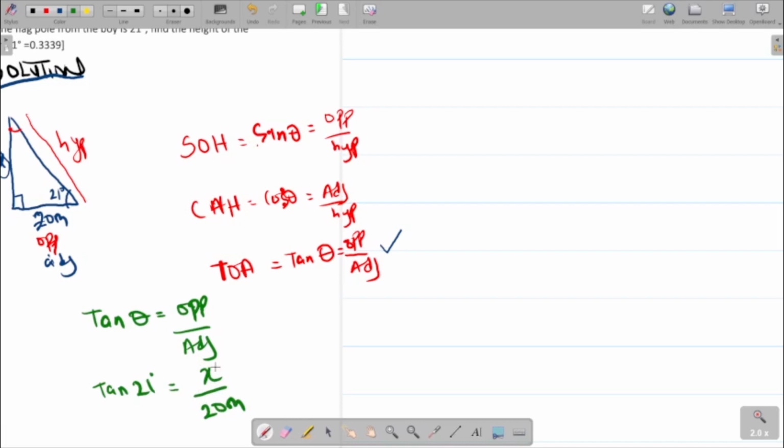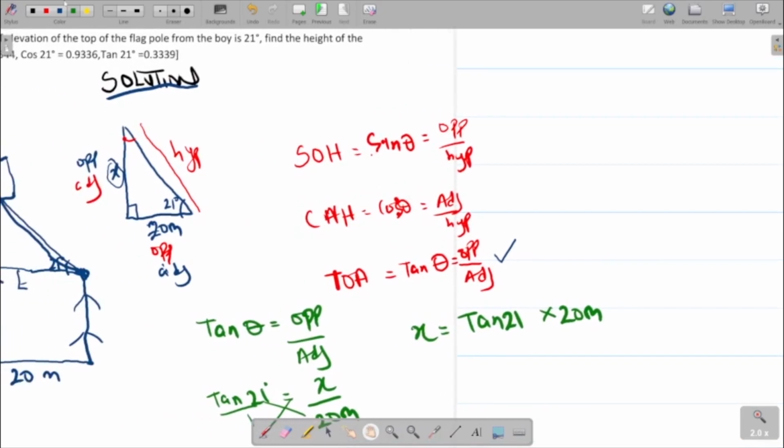So we cross multiply so that we have our x at one side. We have x equal to tan 21 multiplied by 20 meters. Going back to this side, we are given tan 21 to be 0.339.